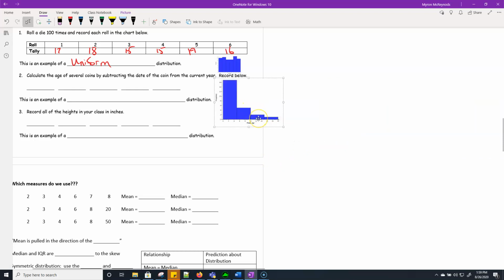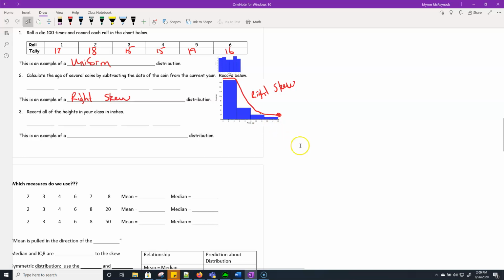Well, since most of the data is up at the front, and then it dips down, it slopes down to the right, this is called a right skew. When most of your data is on the left and it skews downward to the right, think of skew as like skiing down, skew. And so this is a right skew.